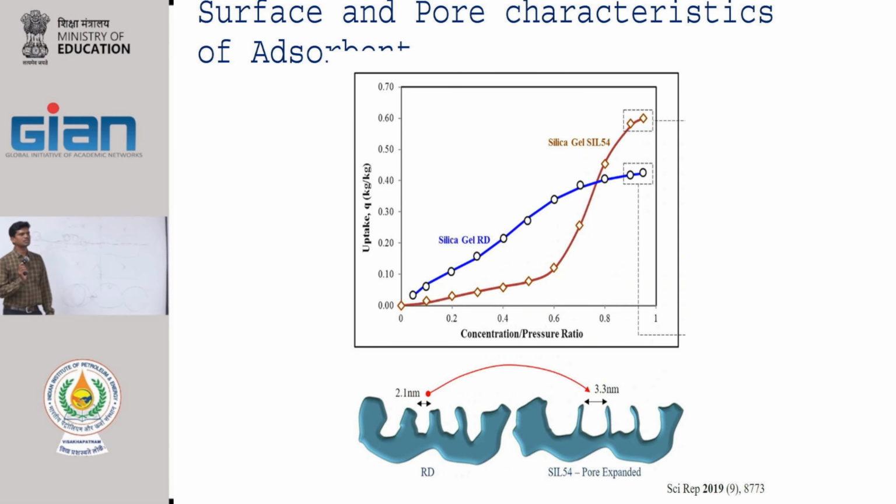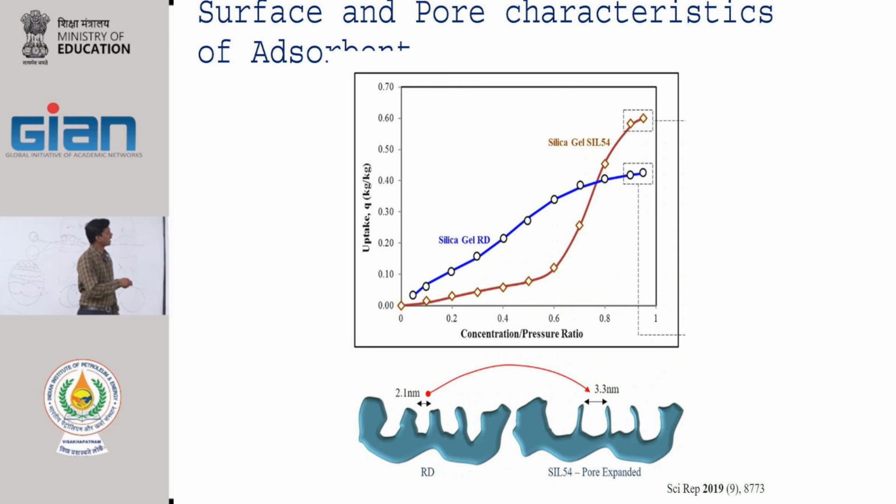We will talk about adsorption isotherms later, but just look at this one here. On the x-axis you have pressure, on the y-axis you have the uptake, that means amount adsorbed. You see the amount adsorbed in both cases is different, depending on the pressure. When the pore size is smaller, which is 2.1 nanometers, at low pressures it adsorbs more gas molecules compared to this one.